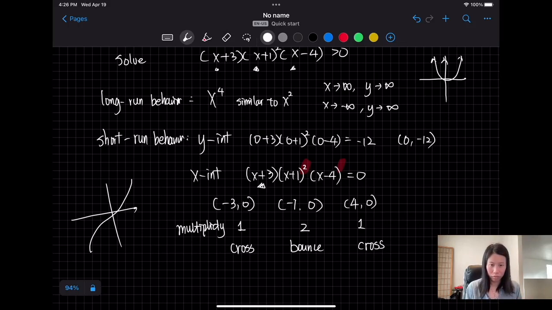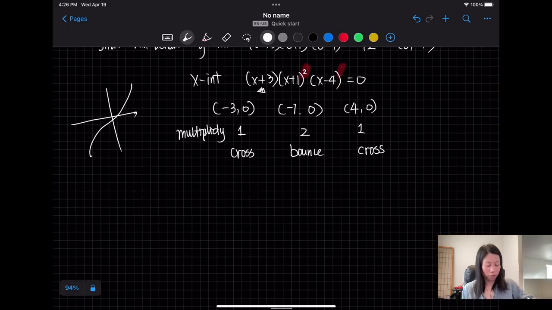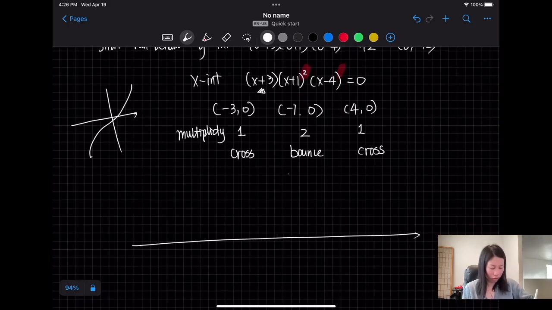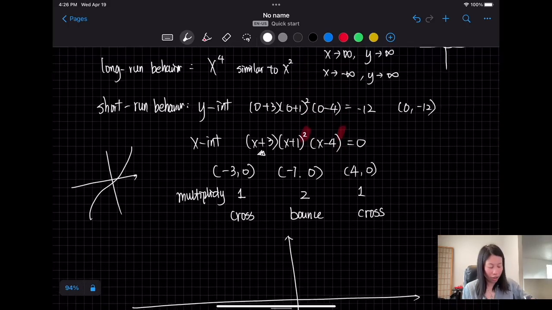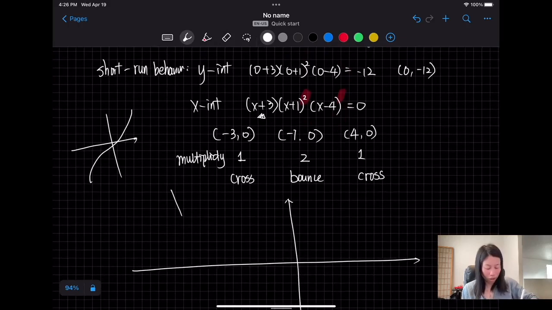Okay, after we're done with that, we can draw our graph. The end behavior is going to be up. When x goes to infinity, y goes to infinity. When x goes to negative infinity, y also goes to positive infinity.